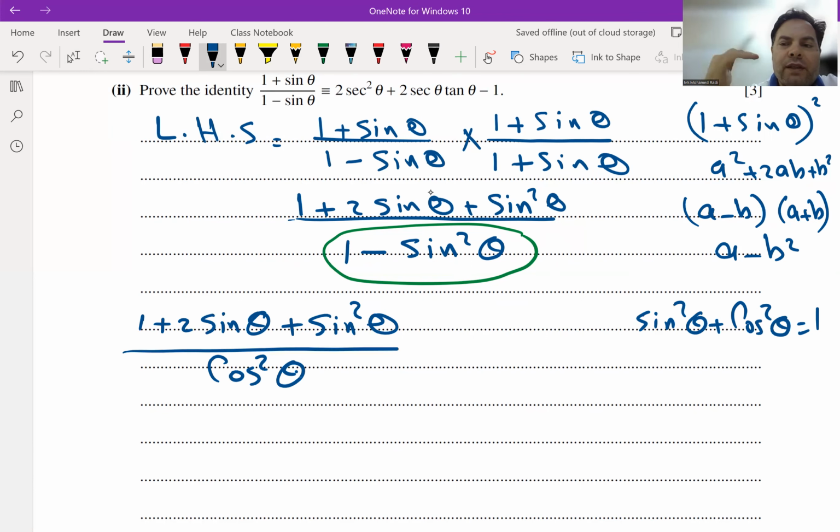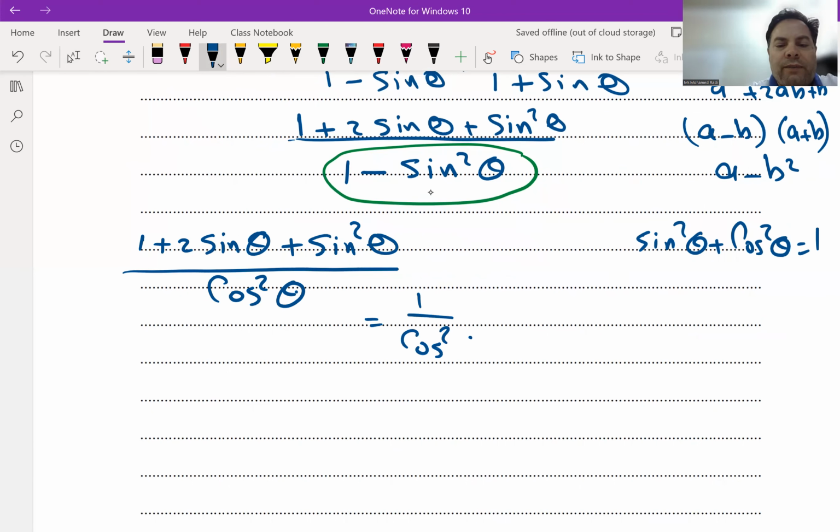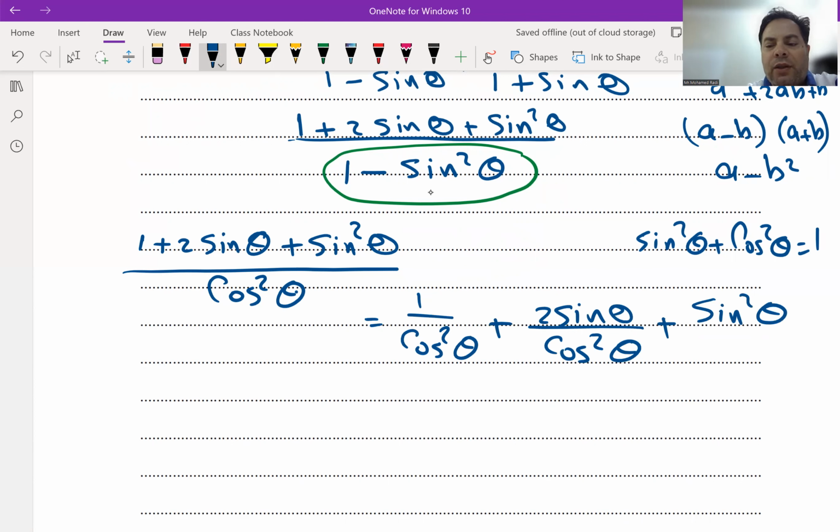Now you can distribute the numerator over the denominator and write it like this: 1 over cosine squared theta, plus 2 sine theta over cosine squared theta, plus sine squared theta over cosine squared theta.